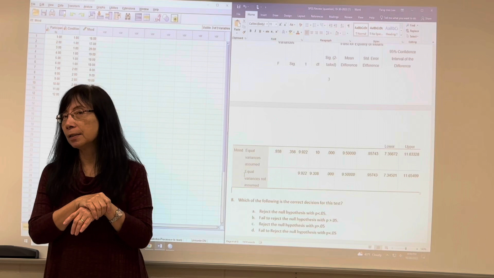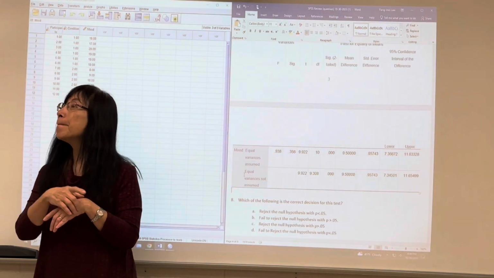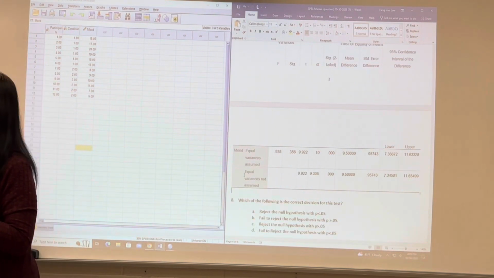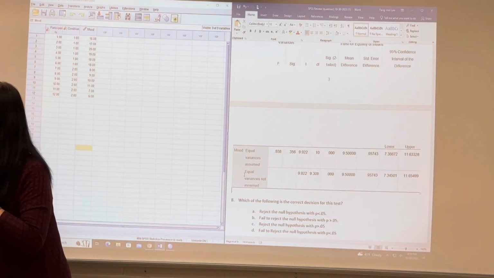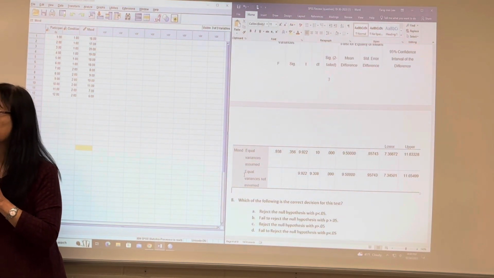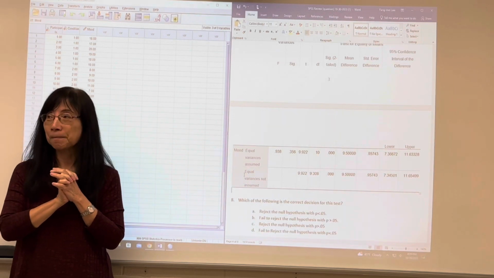Is that really true? No. You look at the two-tailed sig, not the 0.356. You look at the 0.000. Why?